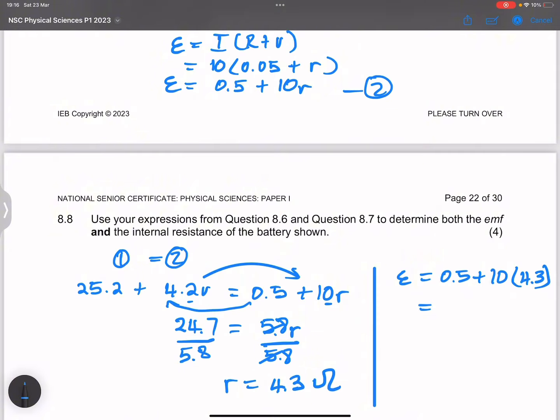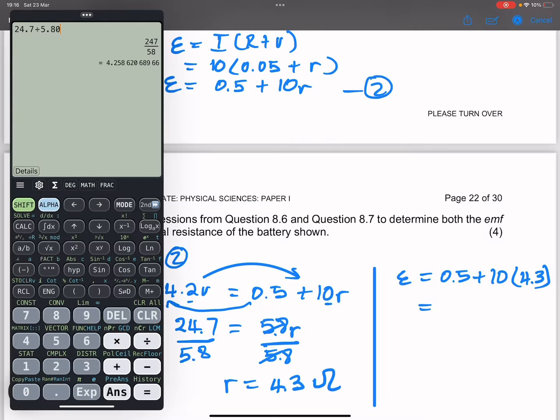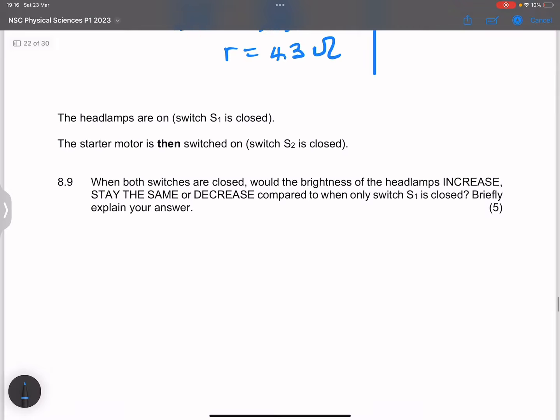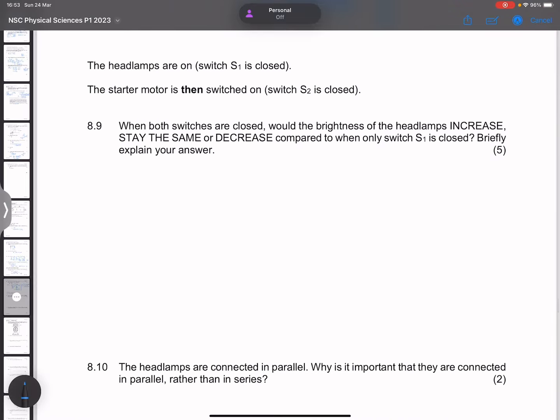So I will get 43.5 volts. Okay, I hope that makes sense, ladies and gents. Right, so that is what I would get for my values for internal resistance as well as the EMF of the cell. Right, now on to the next question.